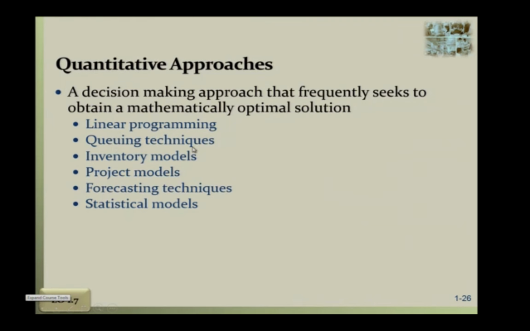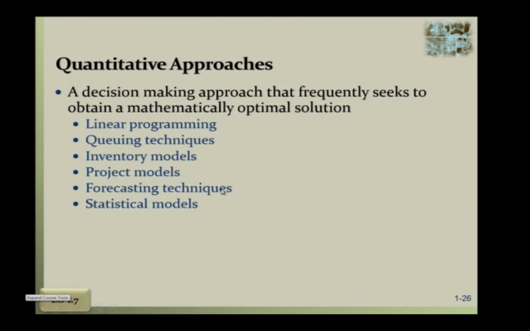Queuing techniques were developed in the 1900s, mostly for managing the queues for telephone switchboards. That's where the origin of waiting line management and queuing theory was. The inventory model, the same thing in the 1950s. Project models like CPM and PERT were developed in the 50s and 60s.